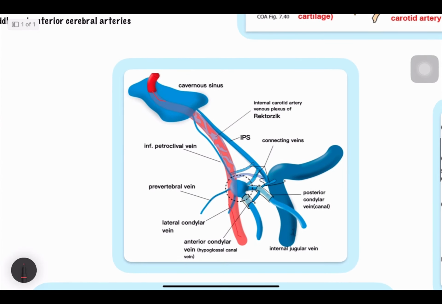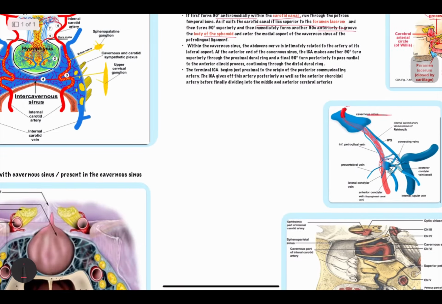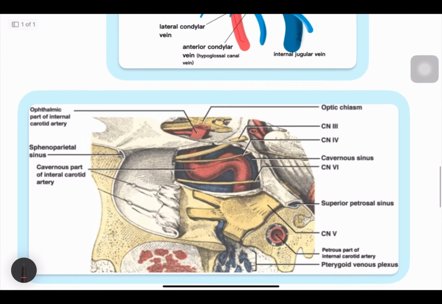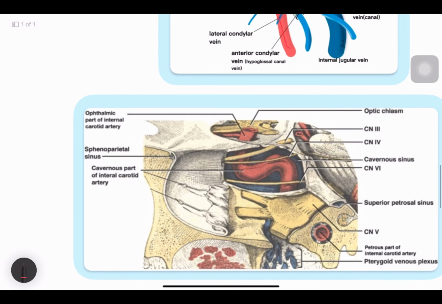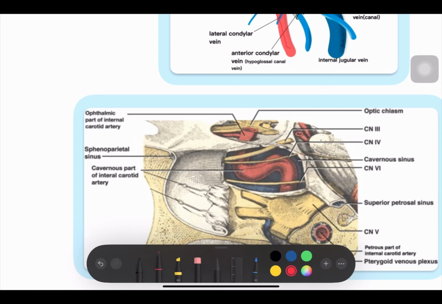Over here we can see the carotid artery going through the cavernous sinus. In this picture it is more clear and detailed. This is the cavernous sinus, the blue structure, and this is the course of the carotid artery that we are talking about. And from here it forms the cerebral circulation.